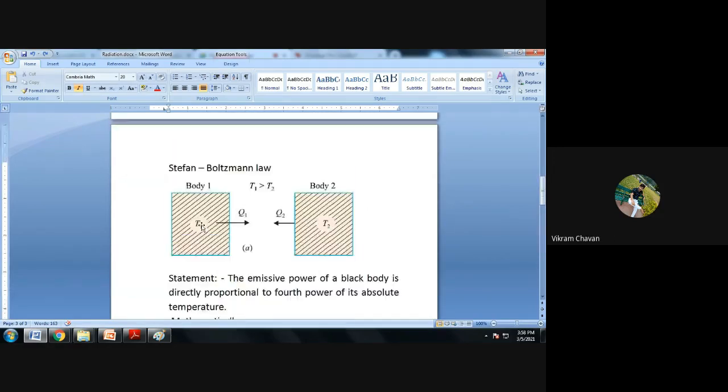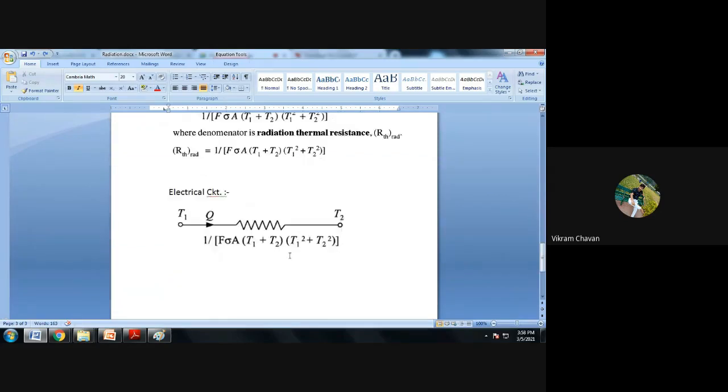As we have discussed, there are two bodies: one is maintained at temperature T1, whereas the other body is maintained at temperature T2. T1 is greater than T2, so the net heat transfer will happen from body 1 to body 2, from temperature T1 to T2. So the heat flow direction we have to show from T1 to T2, and for this heat transfer the resistance will be shown as a resistance symbol, equal to 1 divided by [F sigma A (T1 plus T2)(T1 square plus T2 square)].